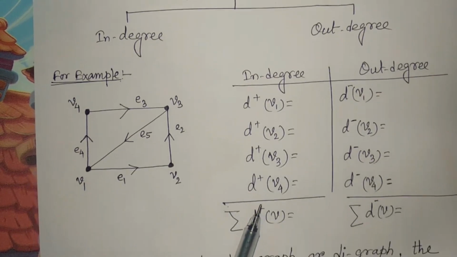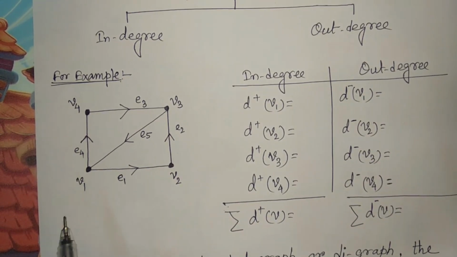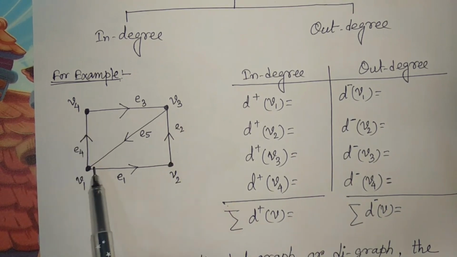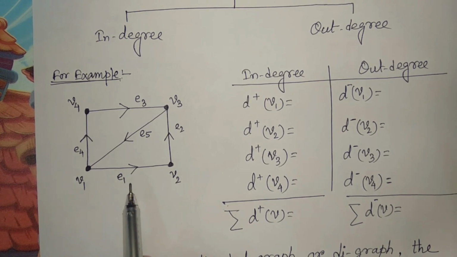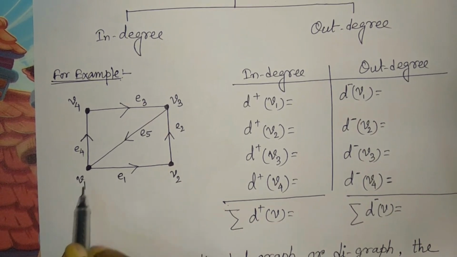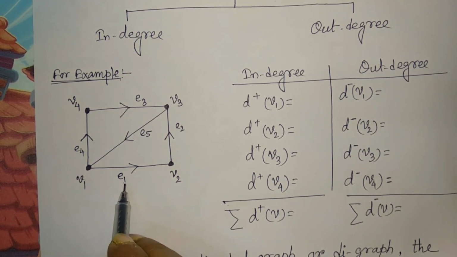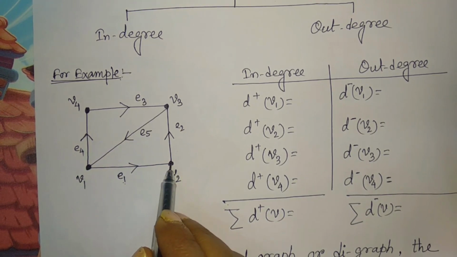For example, suppose this one is our given picture. Here total 4 vertices are there. So corresponding to all these 4 vertices, we can calculate the degrees, the in degree and out degree, depending upon the direction of the edges. Here for V1, the edge has V1 as the starting vertex and V2 as the end vertex, as it is a directed edge.